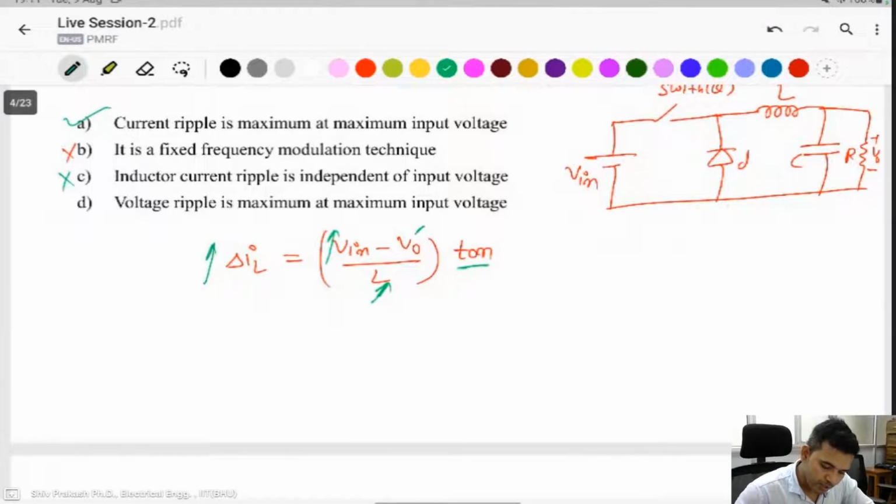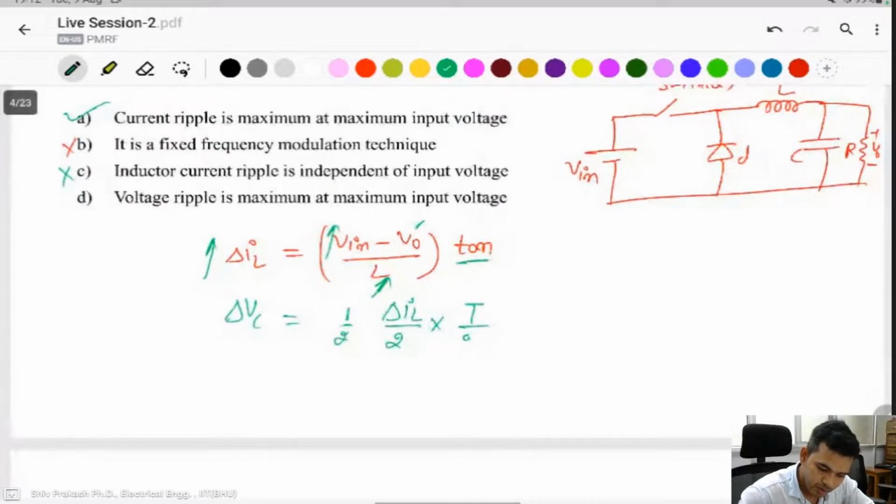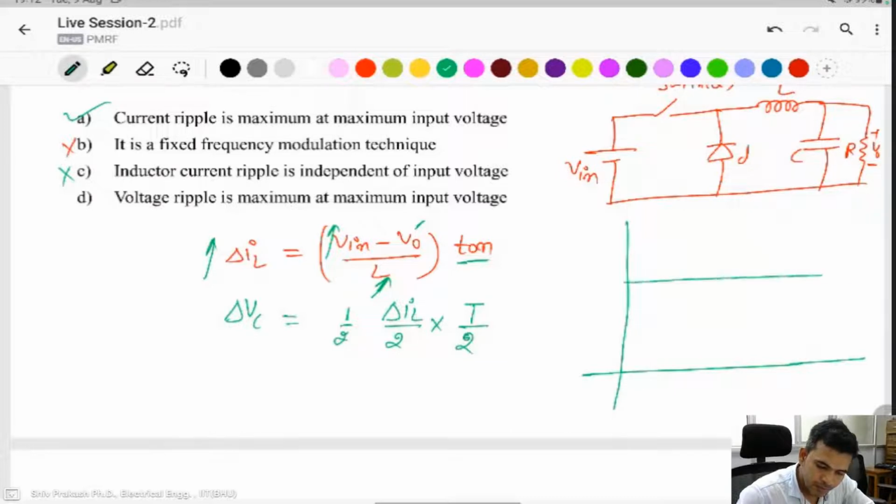Voltage ripple is maximum at maximum input voltage. You know about the voltage ripple? Delta VC is one-half delta IL times the total time period. If you observe this one IL, the same current flows as IC, but the average current is 0.